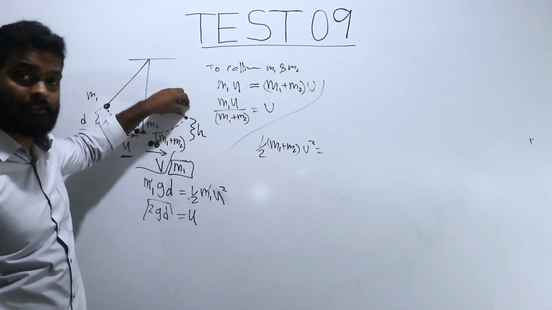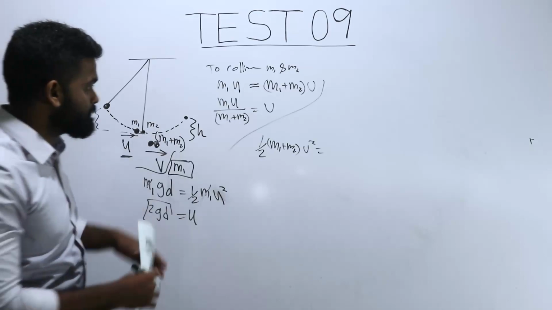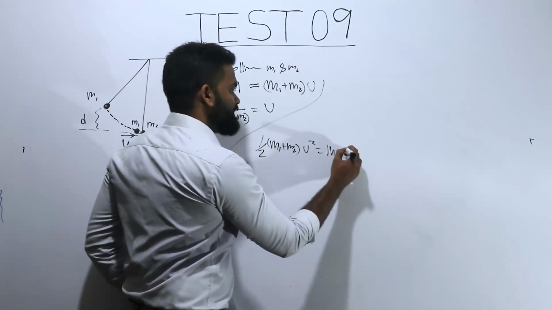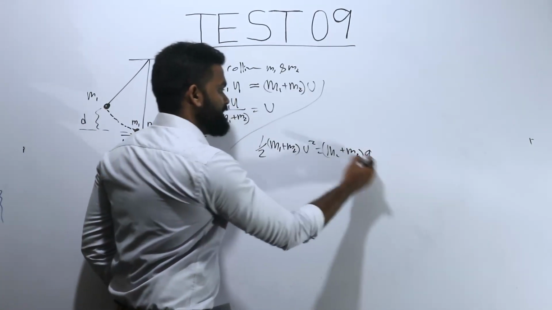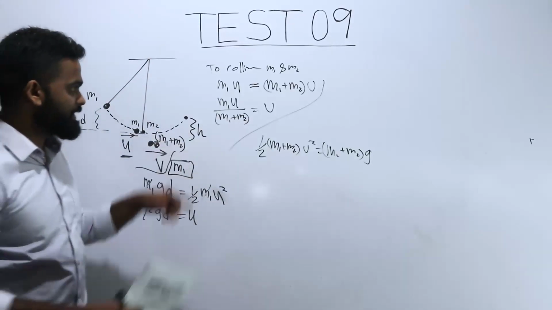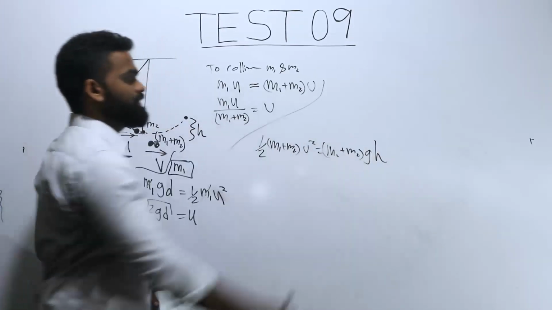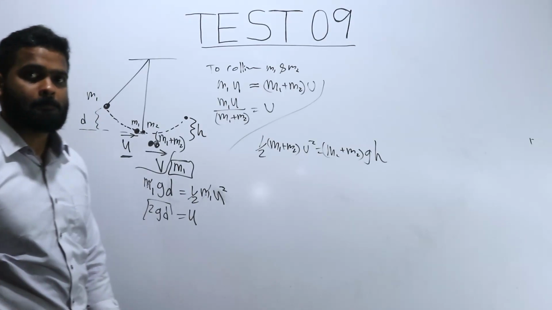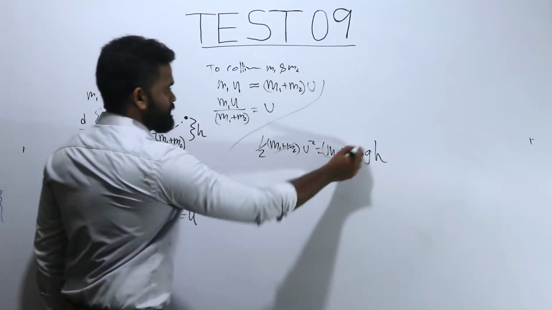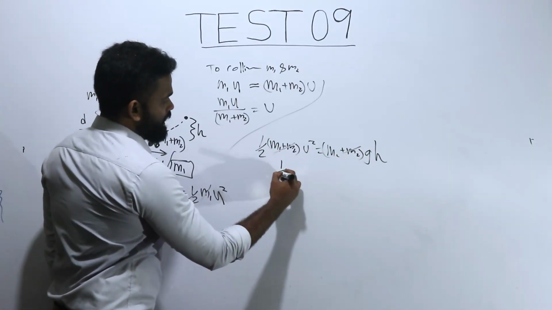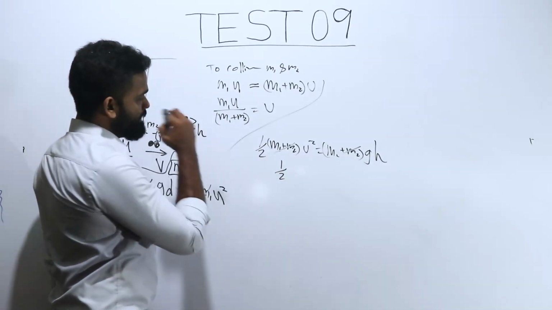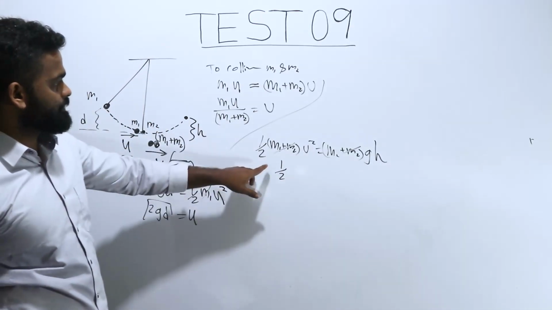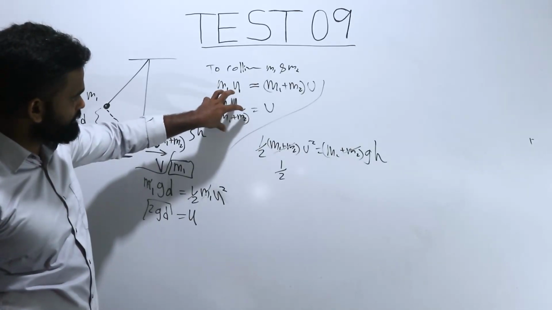There's no kinetic energy here, it only has potential energy. The potential energy gained is m1 plus m2 times g times h. The h is what we need to find. m1 plus m2 cancels off, leaving half v squared equals gh. So we have a term for v. I'm going to substitute it here. So v is this one, right?